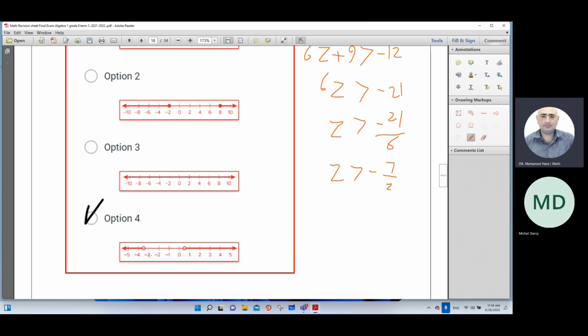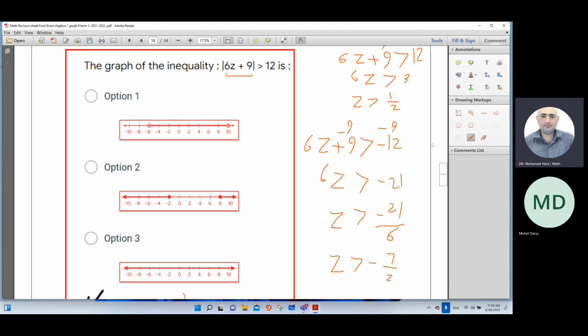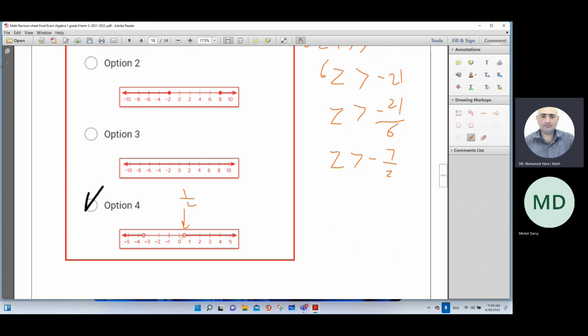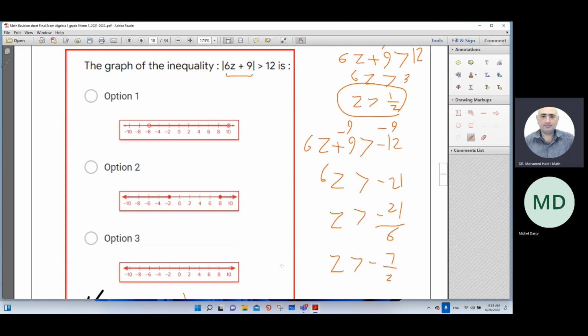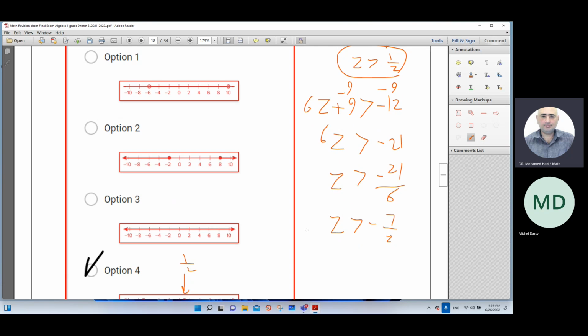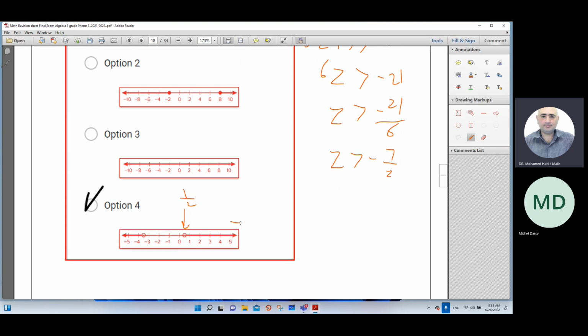So for the first value here, we use an open circle because we don't have equals. And the second value here is half. This is half between 0 and 1. Draw an open circle. Then the direction, as you see, z greater than means to the positive side.